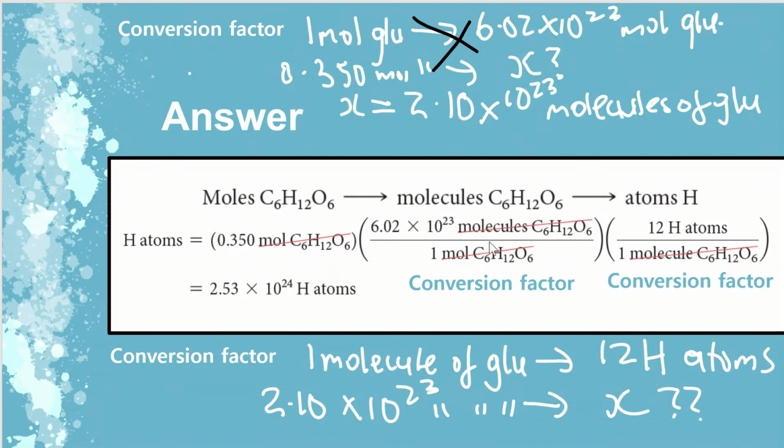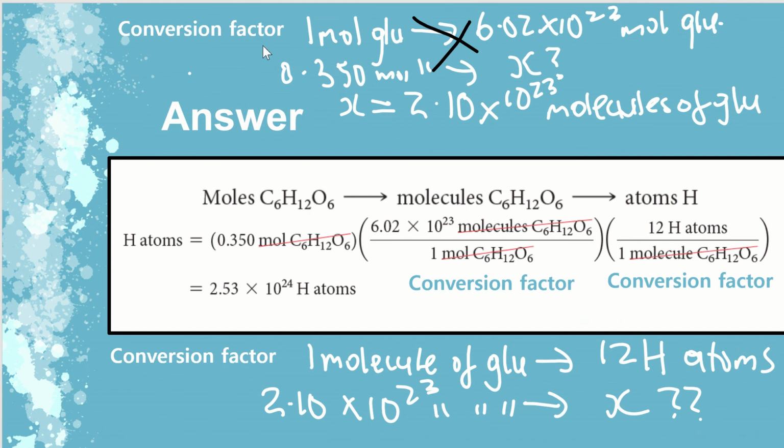So this is now converting whatever value you'd have gotten after the first portion here would have converted our moles to molecules, and then here we want to calculate molecules to hydrogen atoms, right?